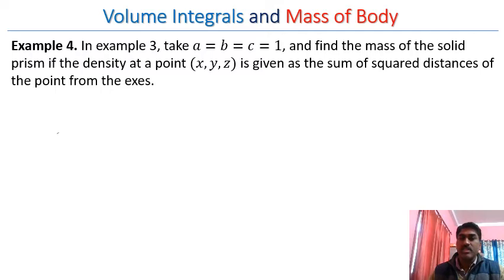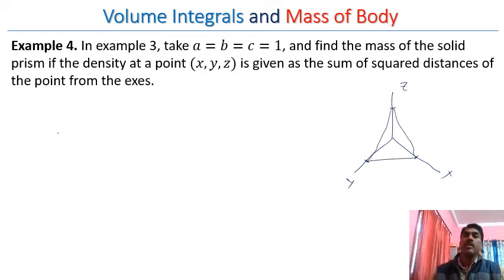So first remember that if a is equal to b is equal to c, the plane will cut the same distance on all of the three axes, x-axis, y-axis, z-axis.